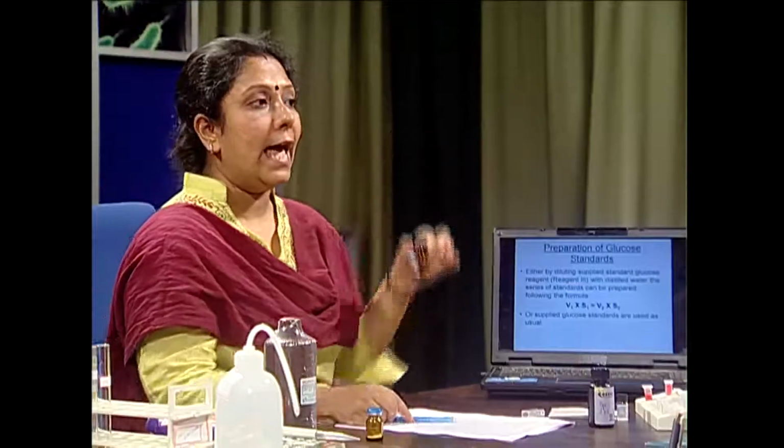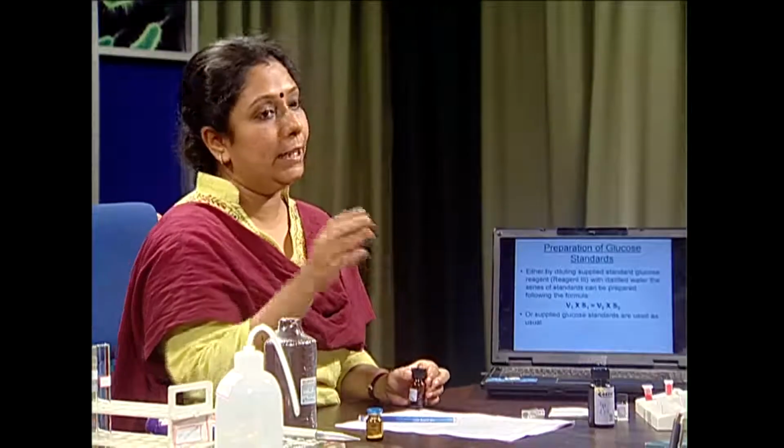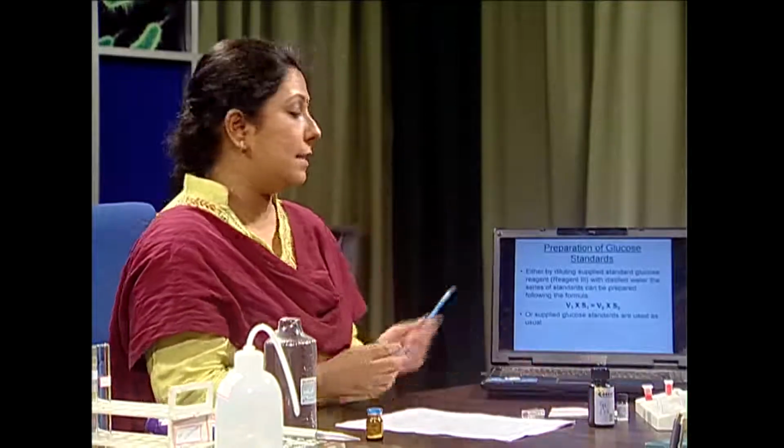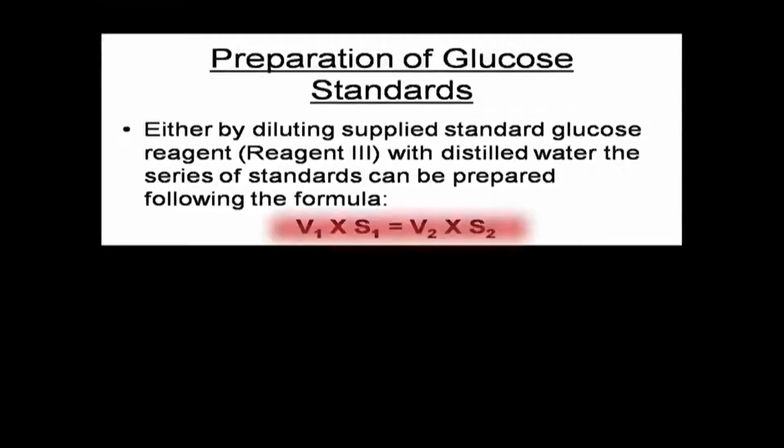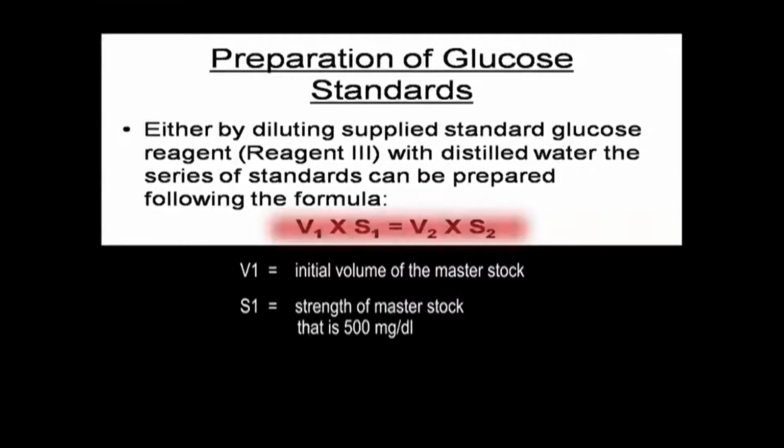For the preparation of glucose standard solution, we will use the master stock of glucose, that is 500 milligram per deciliter, and we will serially dilute it by following this formula: V1S1 is equal to V2S2. V1 is the initial volume of the master stock. S1 is the strength of the master stock, that is 500 milligram per deciliter here.